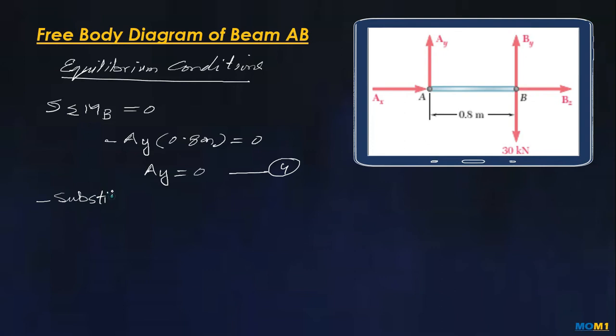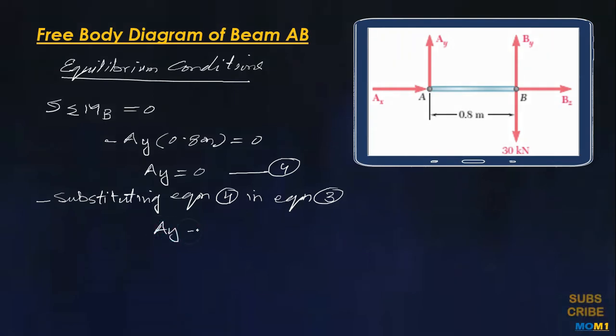Now substituting equation 4 in equation 3, and equation 3 is Ay plus Cy is equal to 30 kilonewton.